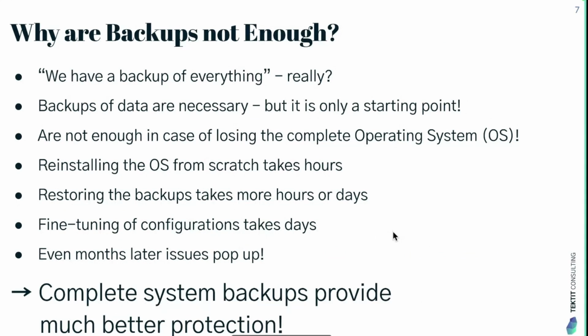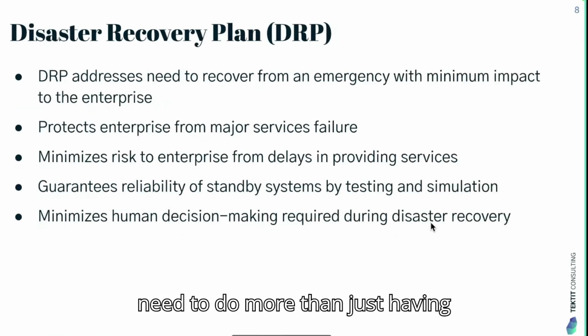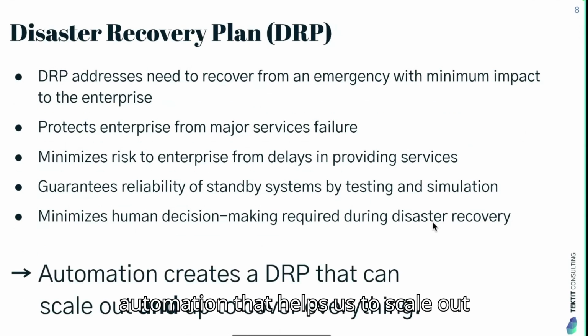Also, for disaster recovery, we need to do more than just having something on paper. We actually need automation that helps us to scale out and up our disaster recovery to cover all systems, all configurations, and all environments, and that somehow guarantees that in the case of need, we can recover our systems.